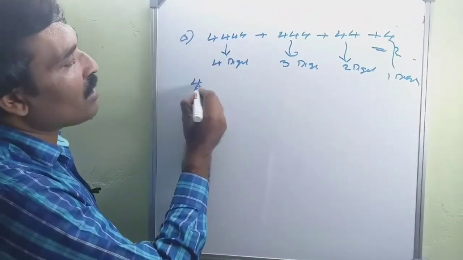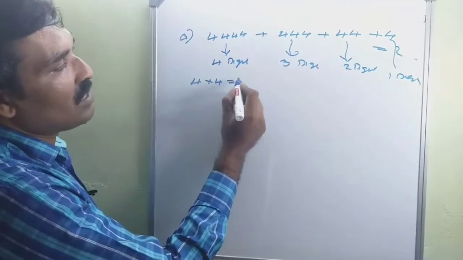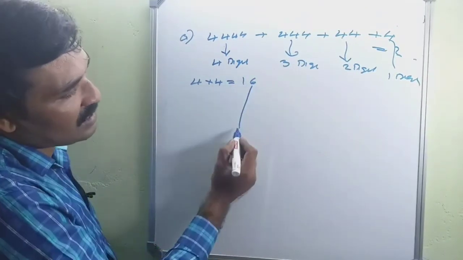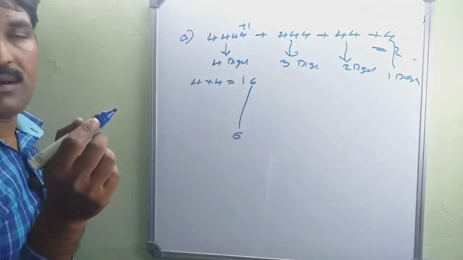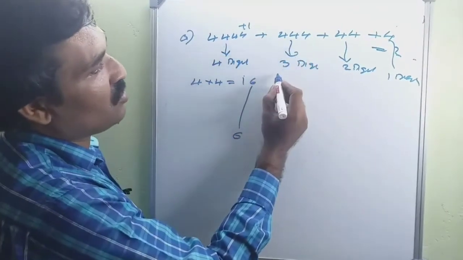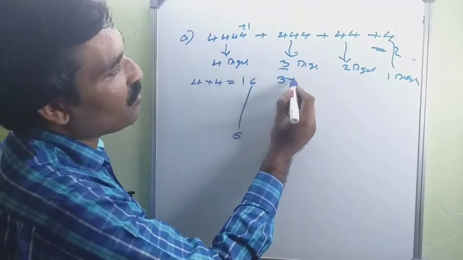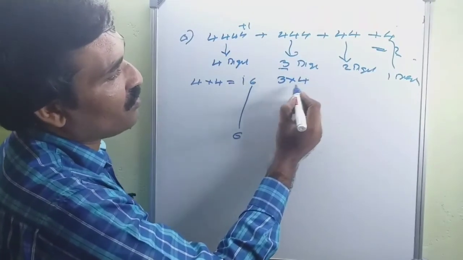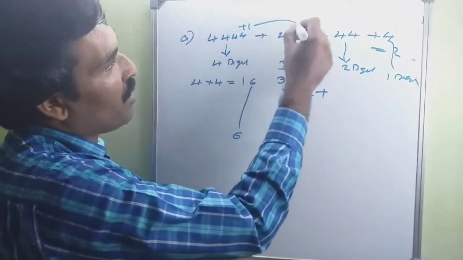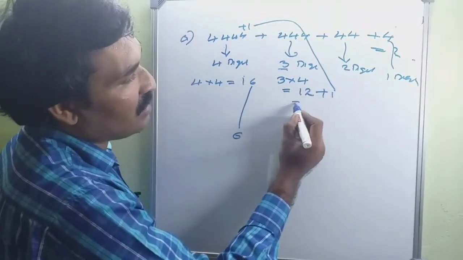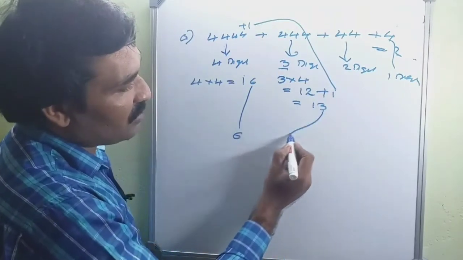So write 4 into 4. That is equal to 16. Put the 6 here, and add 1. Now we have 3 digits. 3 into 4, that is equal to 12. 12 plus this 1, that is equal to 13. Put 3 here.